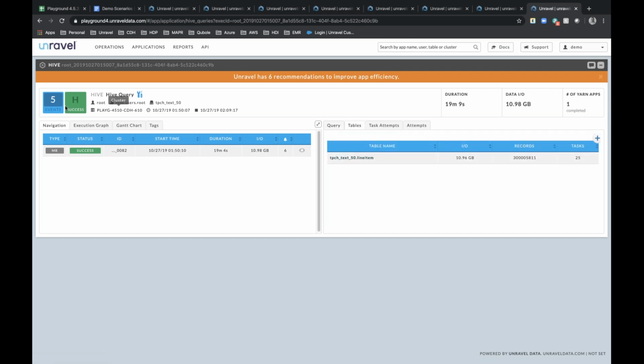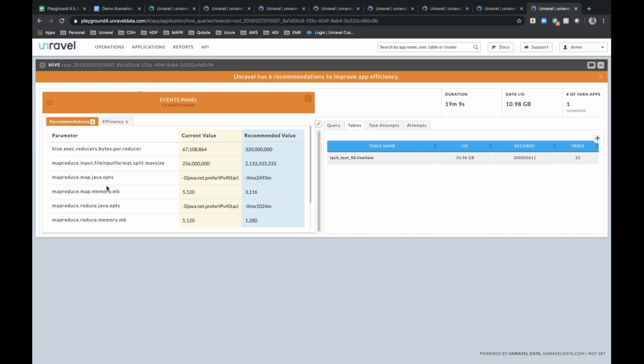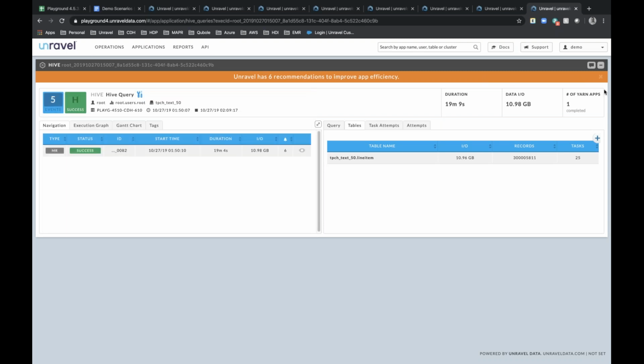We're even able to provide recommendations, just like for Spark, where we look at all the metrics that we collect for that application, and we provide parameters that you can change to speed up the Hive query so that it runs faster and uses fewer resources. So at this point, I'm going to stop and hand it back to Jason.